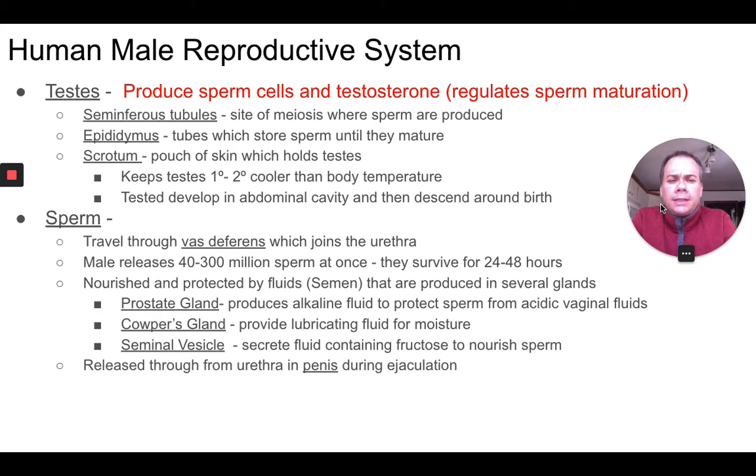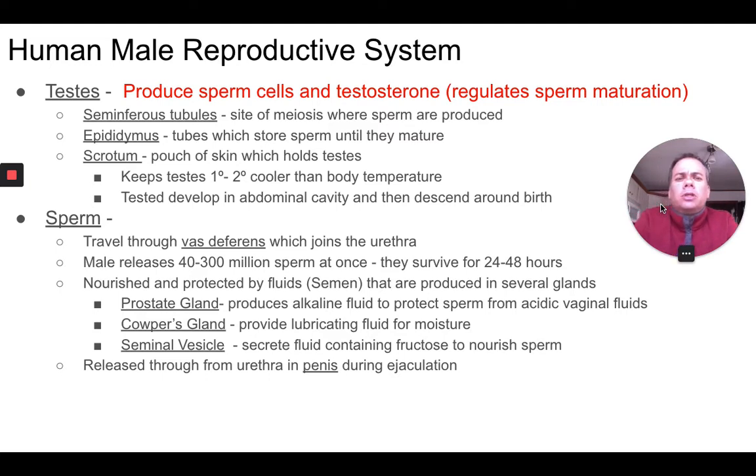So the male testes are held outside of the body in the scrotum. That keeps them a couple degrees cooler than normal body temperature, and that allows for optimum sperm production and maturation. The testes start inside the abdominal cavity of the fetus, and then around birth they descend into the scrotum.